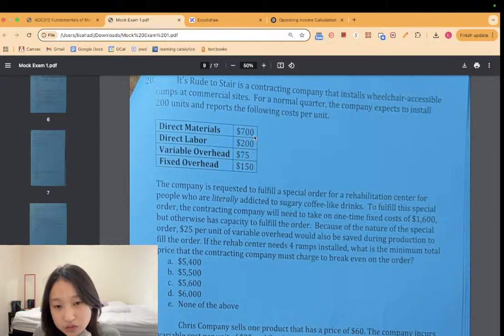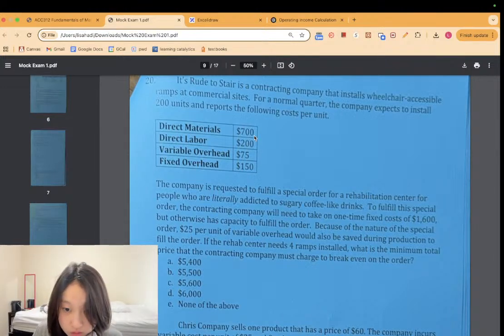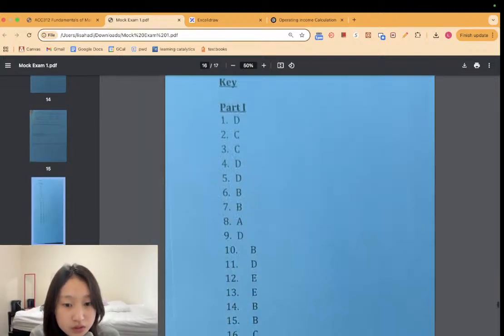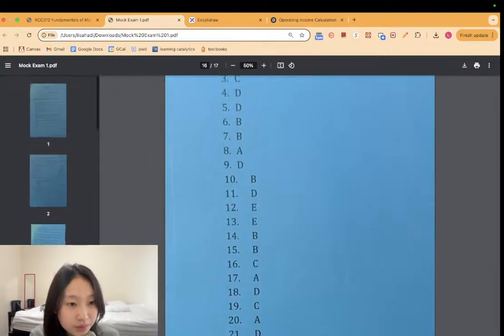But then you can also save 25, which is then 950 times 4 plus 1,600. I got A for 20. Let's see if 20 is A. 20 is A. Okay, perfect.